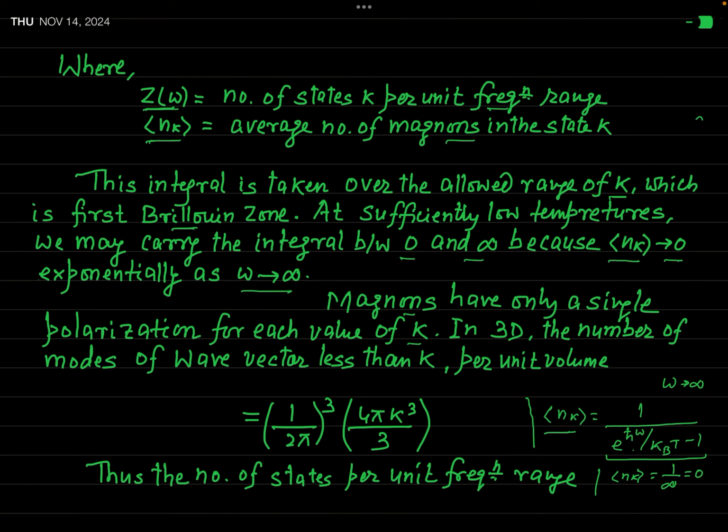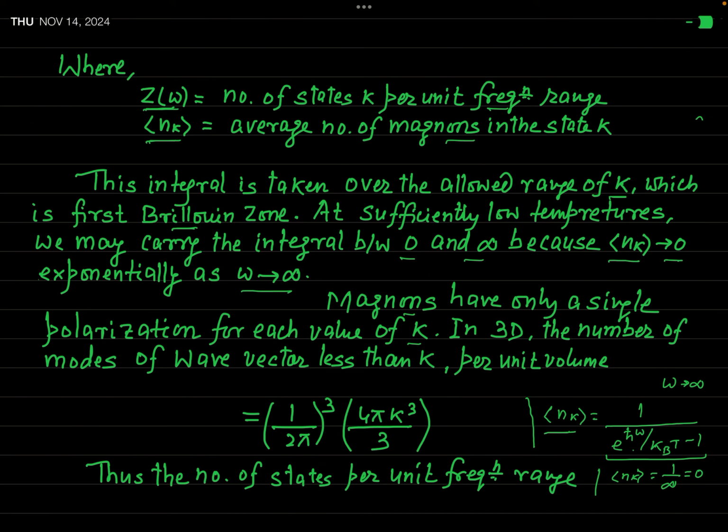It means for a particular value of k, it will have one and only one quantum state. If its polarization was 2, there would be two states corresponding to the two polarization states. But as in case of magnon, polarization is 1, and therefore for each value of k there will be only one state.